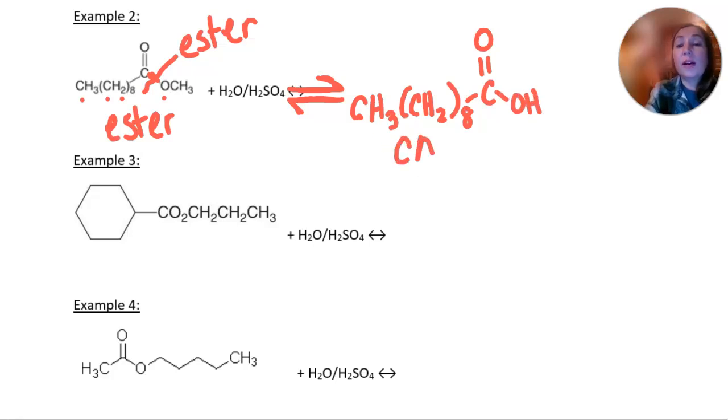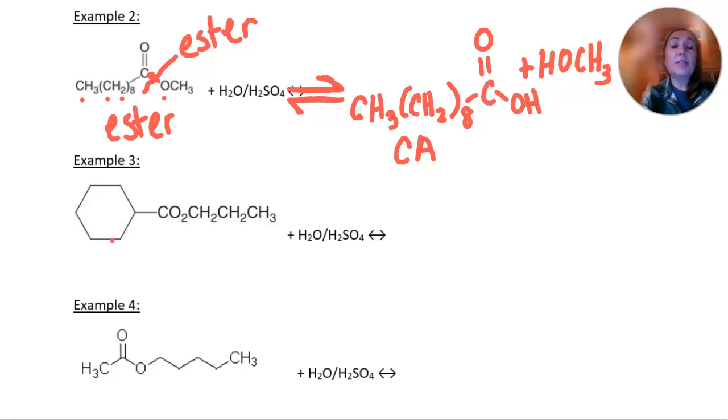So now we've gone back to our carboxylic acid, plus we need the alcohol. We put the H back onto the O, CH3, so that we end up with CH3OH, or methanol. So we've just reversed our reaction here.